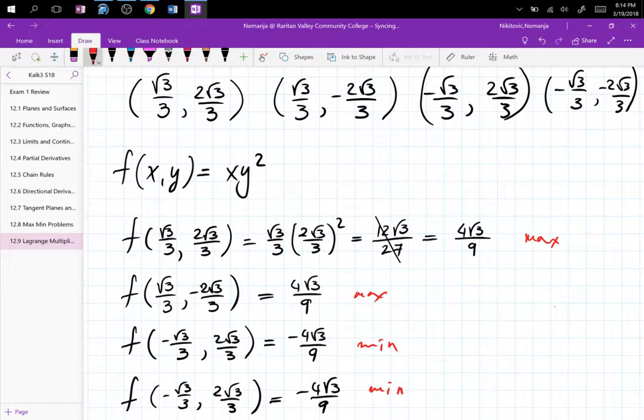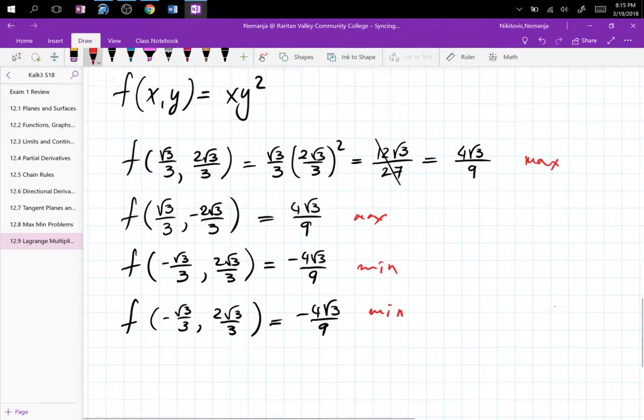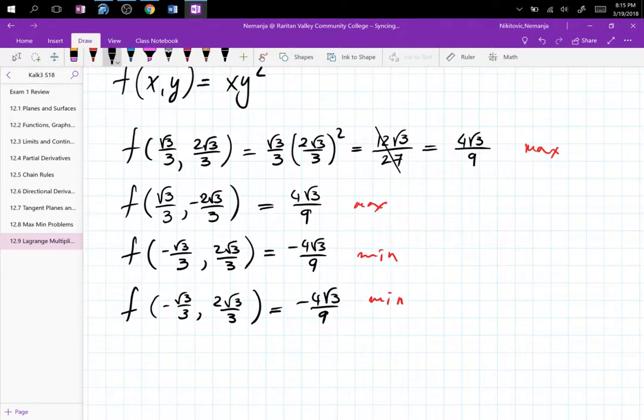And then once you have all the X, Y, Z points, plug them back one by one in F and G, looking for the largest value for the max, lowest value for the min. And that's that. Now the horror is really within solving the system. You are always getting the nonlinear systems, you know, takes time.